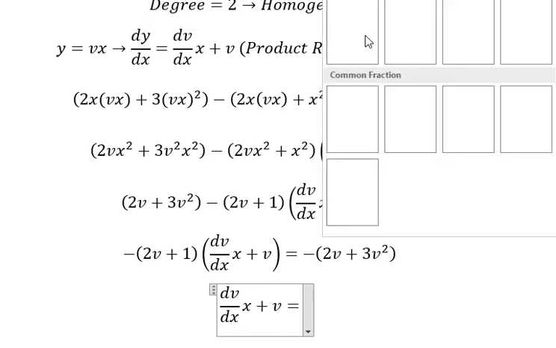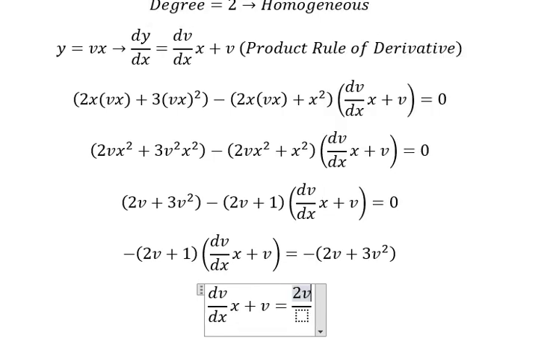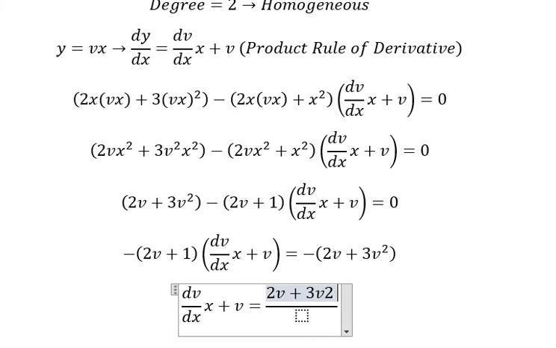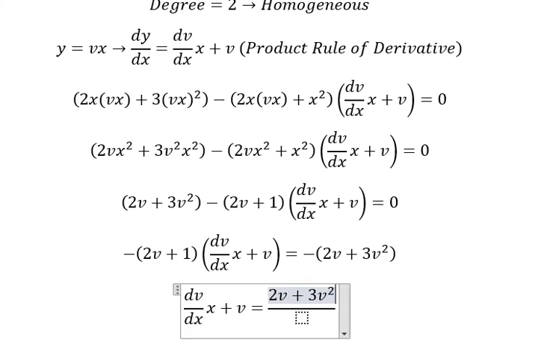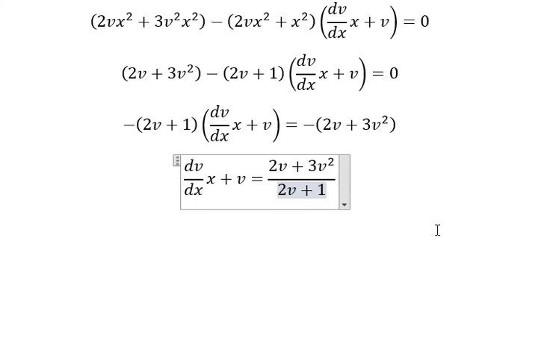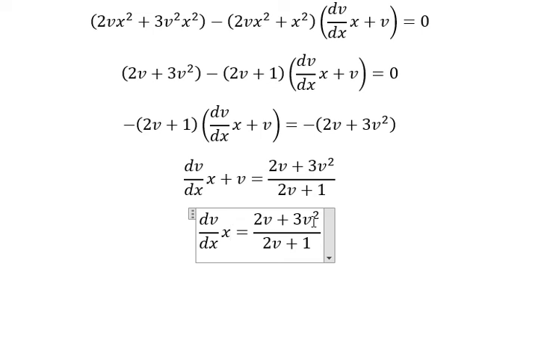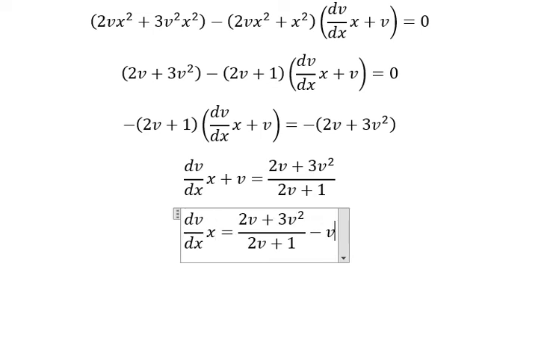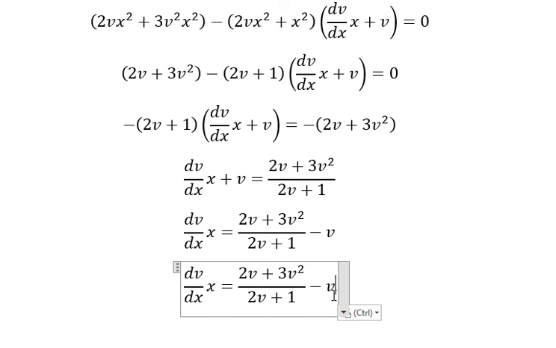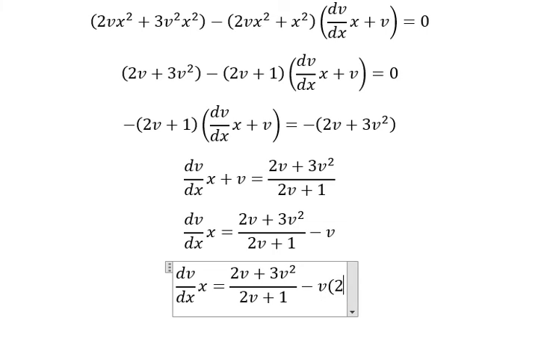Now we just have 2v plus 3v square over 2v plus 1. About v, we put on the right. Now we do common denominator.